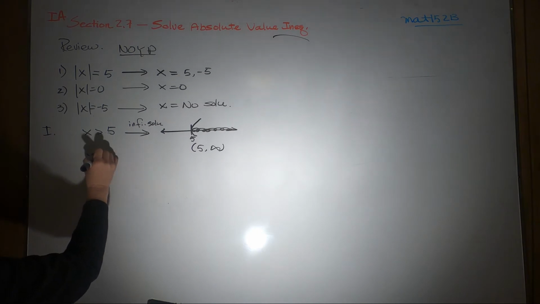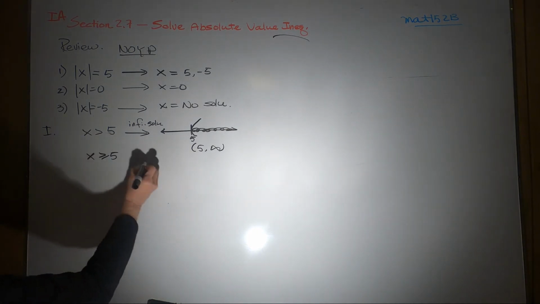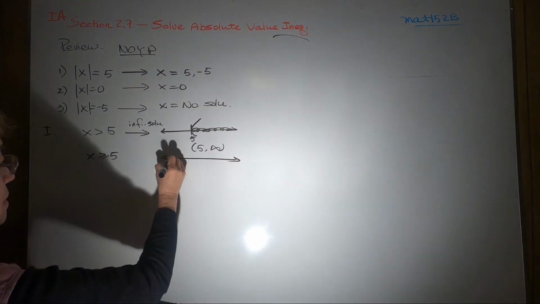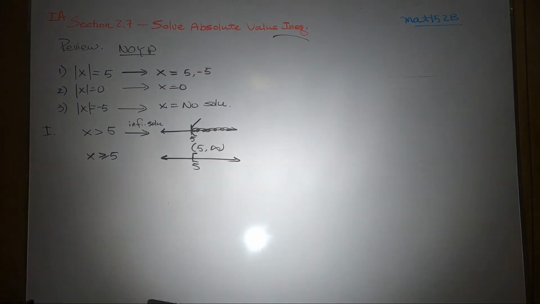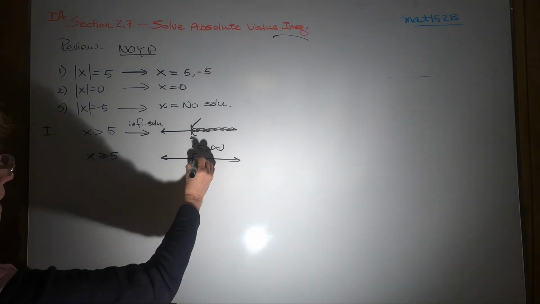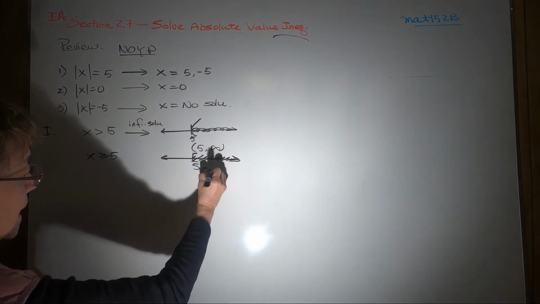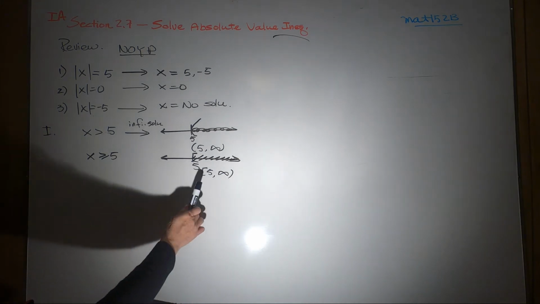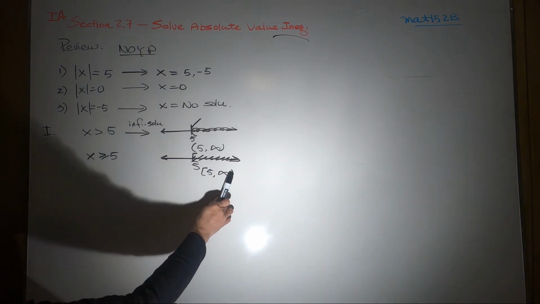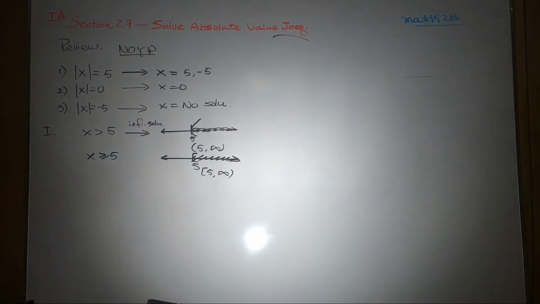If we say x is greater than or equal to 5, then instead of using parentheses for 5, we use a bracket, right? So that's your answer. So we do the bracket, 5, to infinity. We always write from the smaller number to the larger number for interval notation.